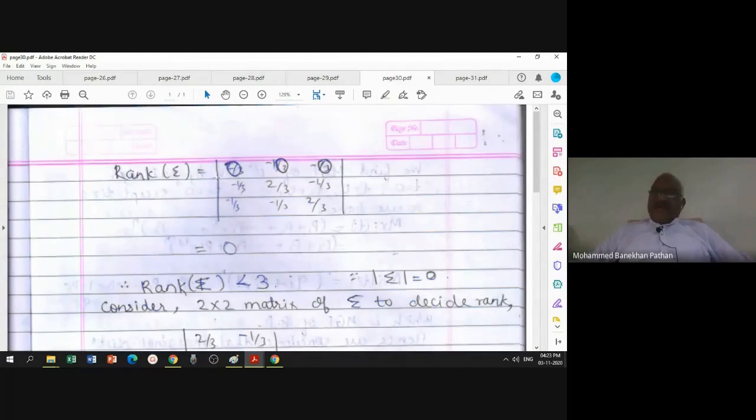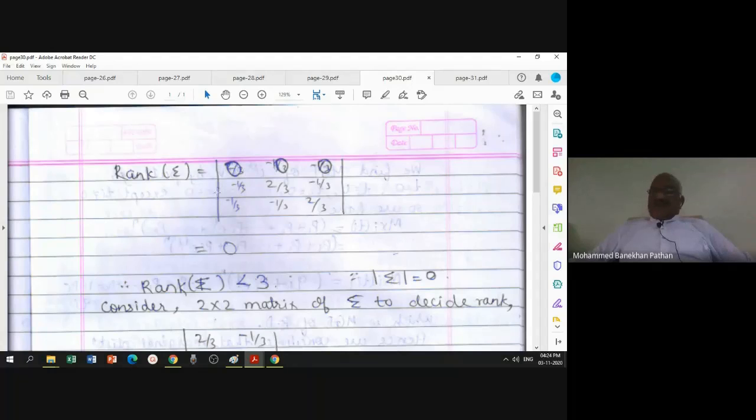Now you know how to find the determinant. Take the 0 element, drop the corresponding row and column, and the remaining is a determinant. But 0 multiplied by anything is 0. So minus times this, drop this, the remaining determinant, but this is 0, that's why everything is 0.